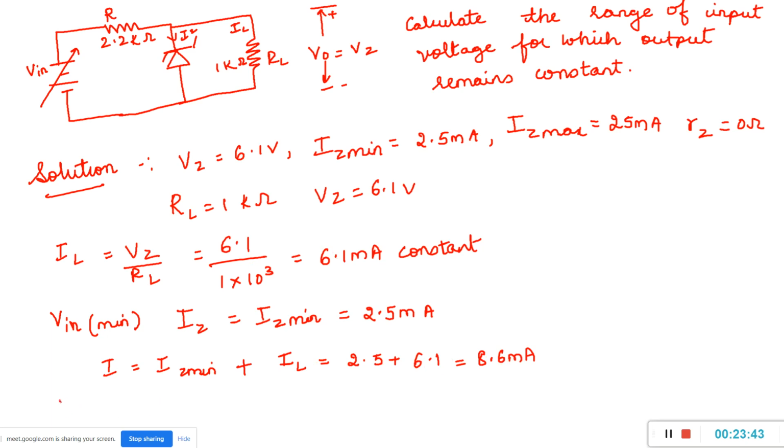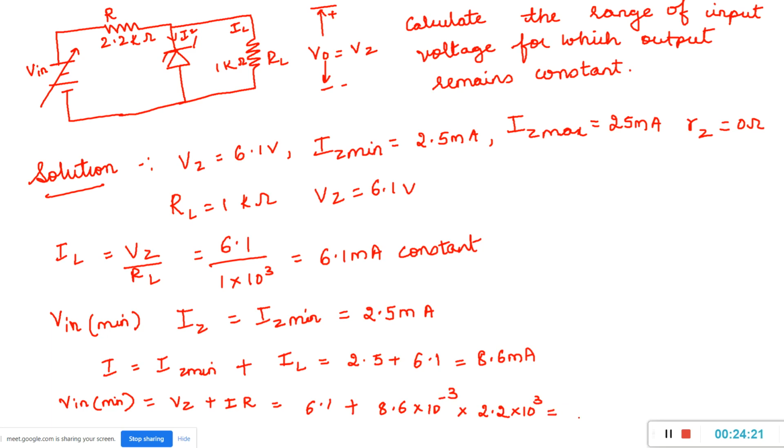So for Vin min is equal to Vz plus IR, that is given by Vz, which is 6.1, plus I, which is 8.6 into 10 raised to minus 3, into R, which is given as 2.2 into 10 raised to 3.